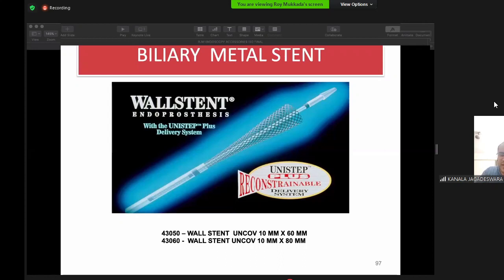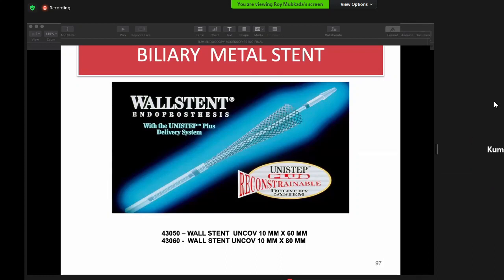Partially covered or uncovered self-expanding metallic stents for hilar cholangiocarcinoma, like non-curative gallbladder carcinoma with bile duct involvement, sir.